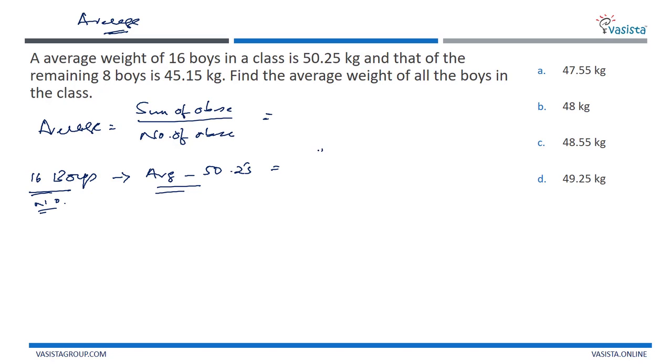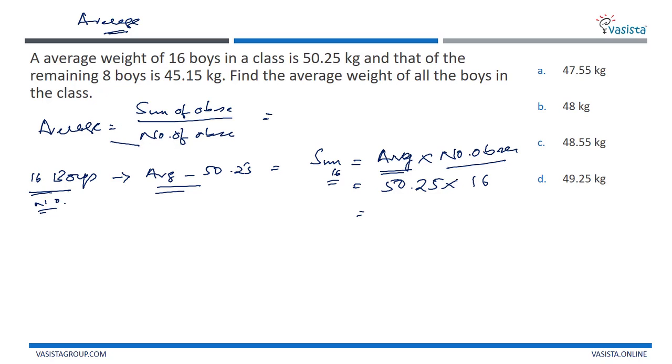So sum is equal to average into number of observation. So 50.25 into 16 boys. This is the sum of weights of the 16 boys.